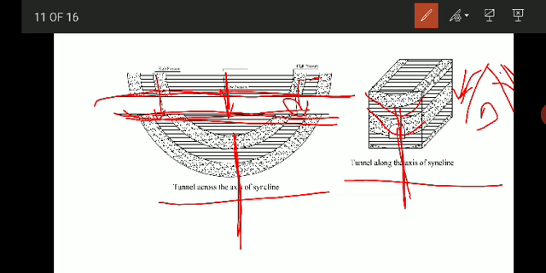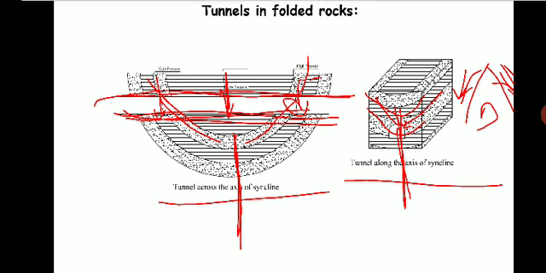So the water percolation problem will be less in an anticline fold. If it is along the syncline, the tunnel suffers heavy rock fall because of the syncline nature of the rocks. If the beds are water bearing, then water will directly rush into the tunnel. You can see here.